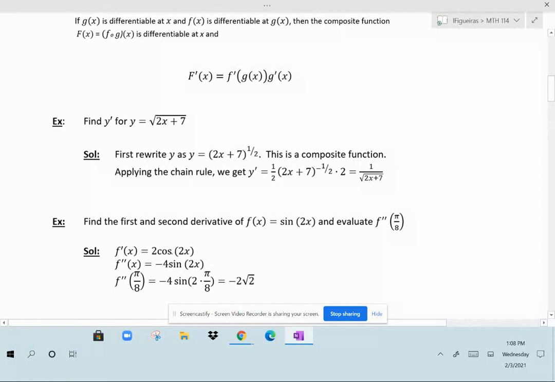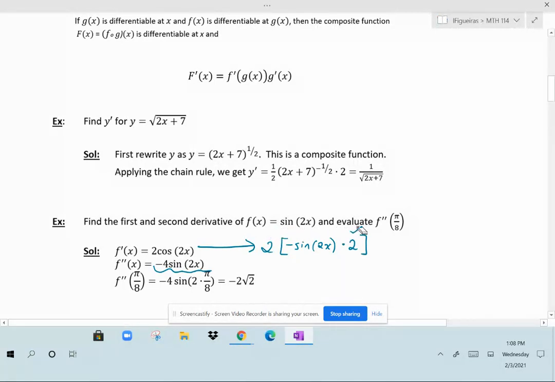So this will be 2 times the derivative of cosine, which is negative sine of 2x, times the derivative of the inside, which is 2. When you put that all together, you have to multiply 2, negative 1, and 2. So that's why I have negative 4 sine of 2x as the answer for f double prime.